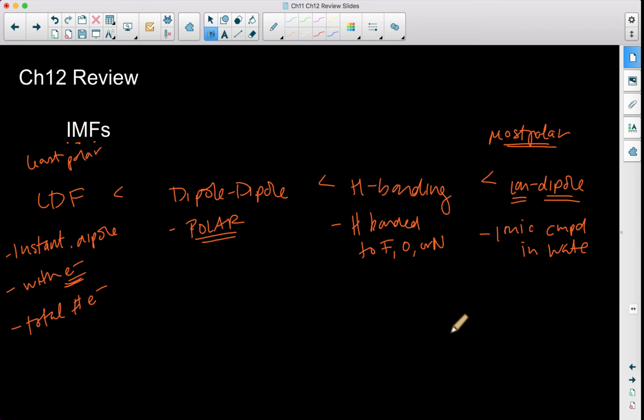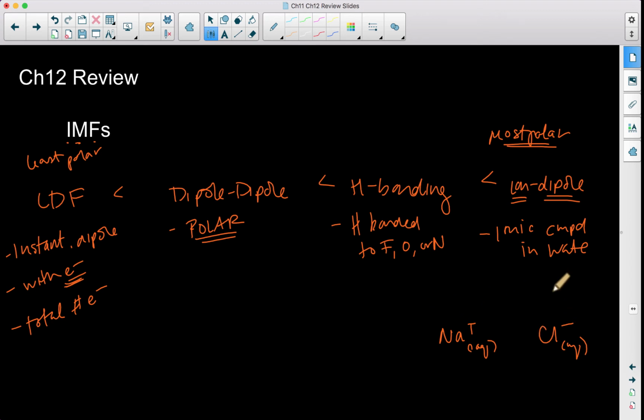So for example, if I dissolve sodium chloride in water, I'm going to have sodium ions and chloride ions. And what it means to dissolve is that substance A has a way to interact with substance B via a shared IMF.